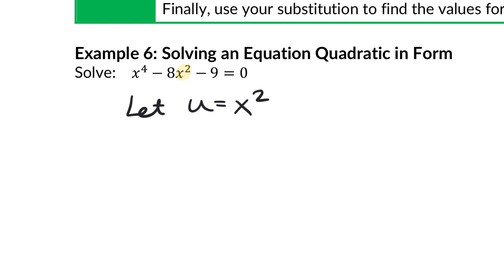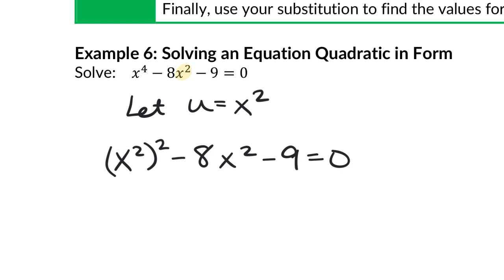I got the x squared from the variable next to the b term. If I let that happen, I can rewrite the question as x squared squared minus 8x squared minus 9 equal to 0.